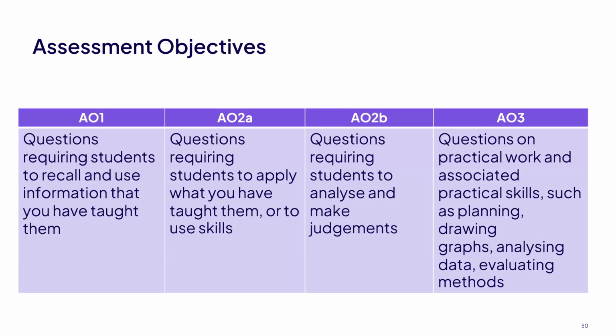AO2A, questions requiring students to apply what you've taught them or to use the skills that they've developed as a result of their study. AO2B, questions requiring the students to analyse the information that's been given or the data that's been given and to make judgments and reach conclusions. And AO3, questions on practical work, associated practical skills such as planning, drawing graphs, analysing data and evaluating methods.